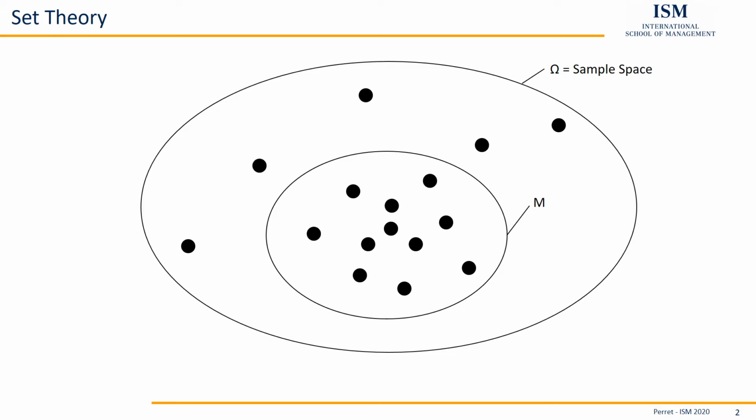And well, if I know the sample space and I know a specific set which is part of the sample space, well, any set is part of the sample space.